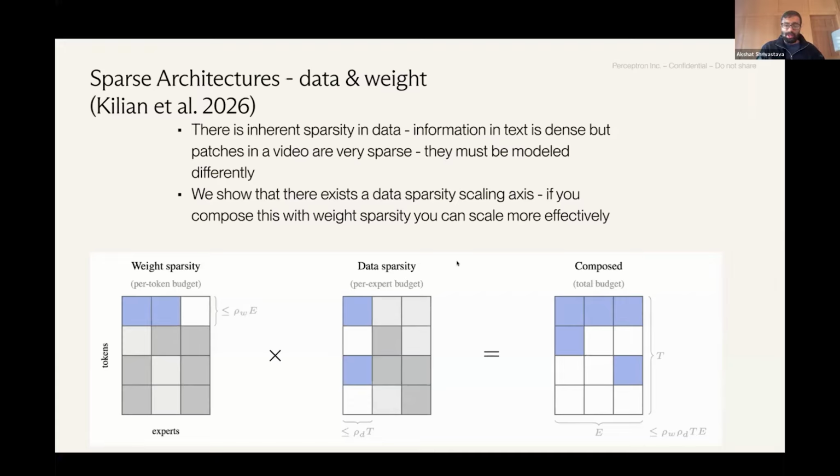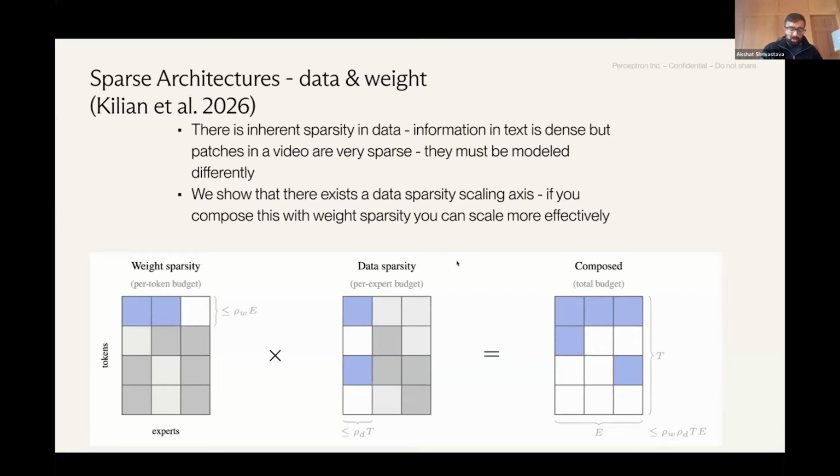An expert now has a capacity of how many tokens it can take on. And what this lets you do is form this dynamicness within the data itself. So each token can now decide how many experts it wants to use. Because this is happening, you can have some tokens that get skipped, some that get a lot more compute, some that get a medium amount of compute, and you can bake this dynamicness into your model.